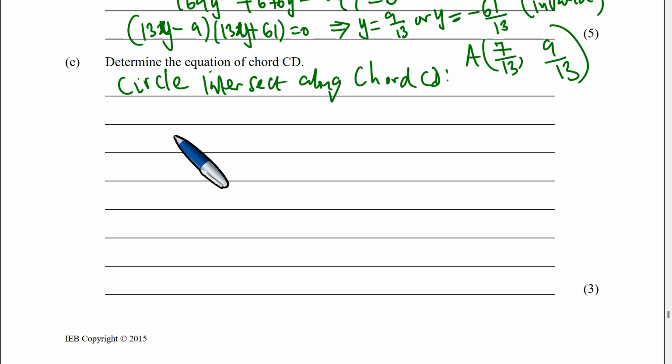Okay, because they intersect, what does it mean? You have the 2 circles, and what are the 2 circles?